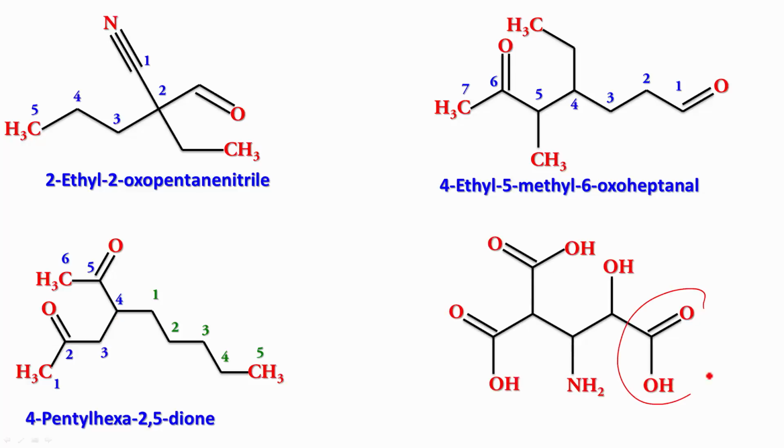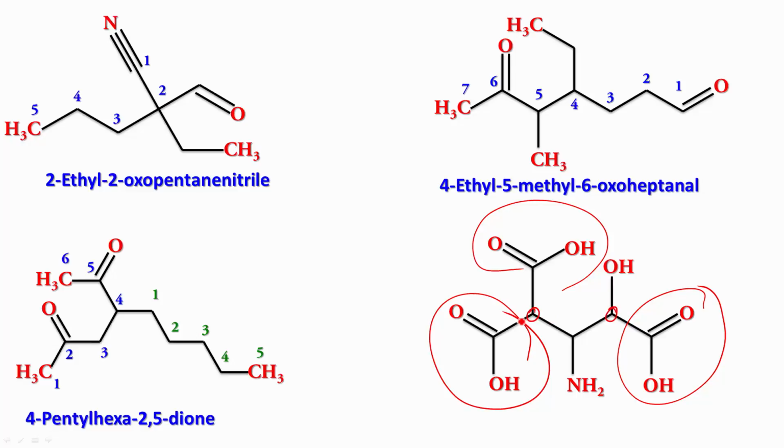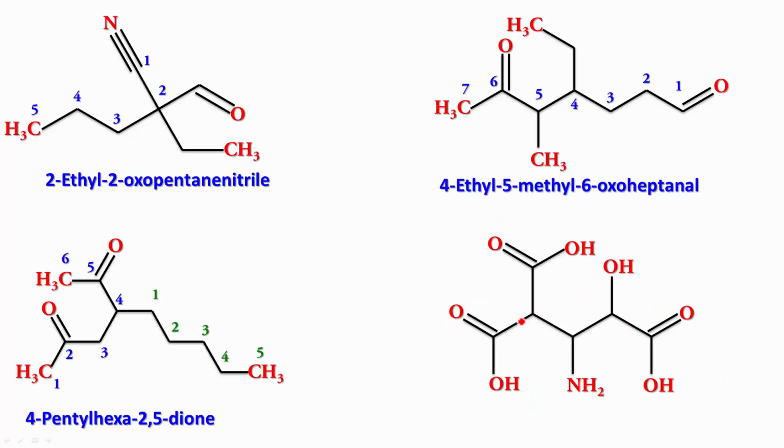Got an acid, got an acid, got an acid here. Remember 3 acids? And if you look at their alpha carbons, all alpha carbons are in one chain. So remember how we used to do this? We used to call them tricarboxylic acids and not use the carbon of the carboxylic acid for numbering. So it's going to be 1, 2, 3.